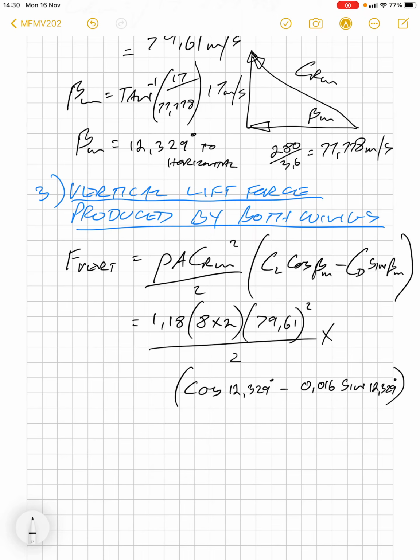Coefficient of lift is 1. Alright, so that gives us a vertical force component of 58,244.2 newtons.